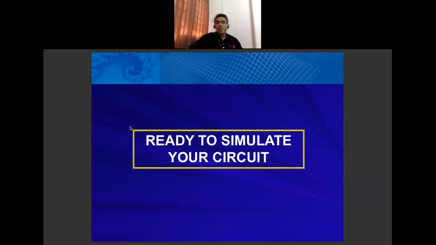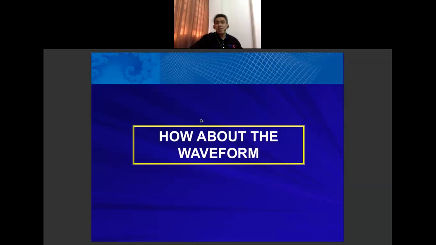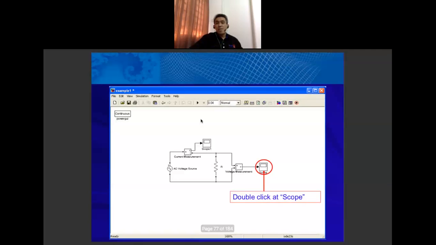So how to simulate your circuit? Just click the play or run button. Once you click play, how about the waveform? To observe the voltage and current waveform, just double click at scope.